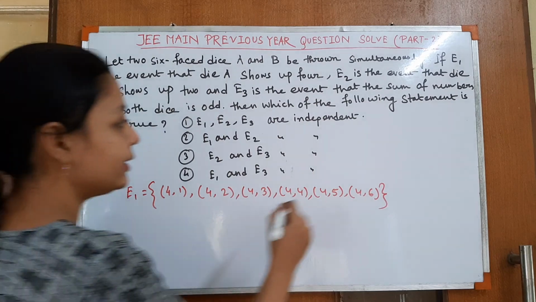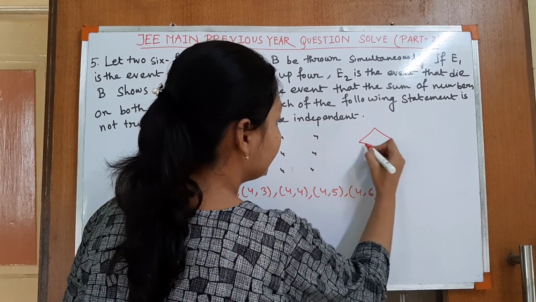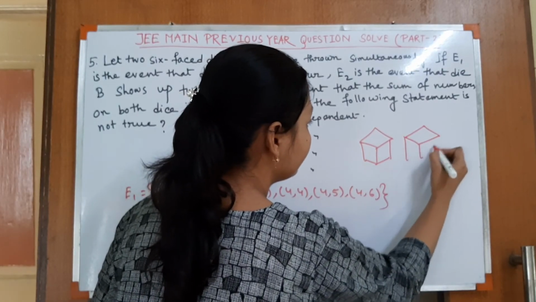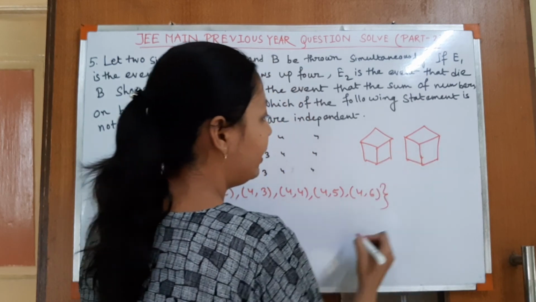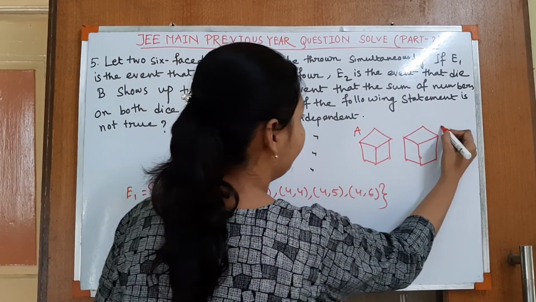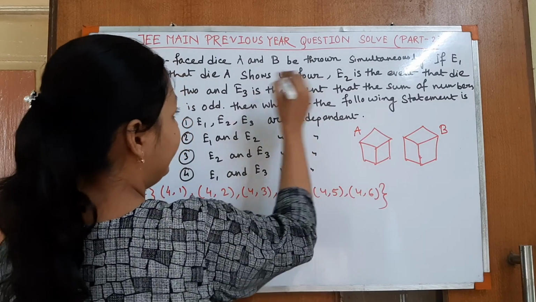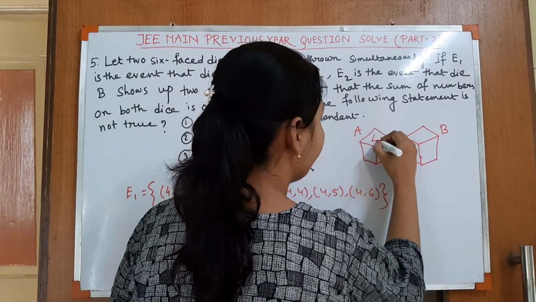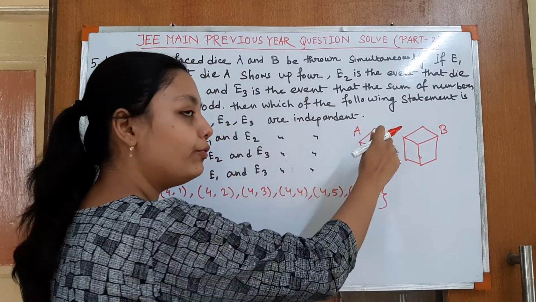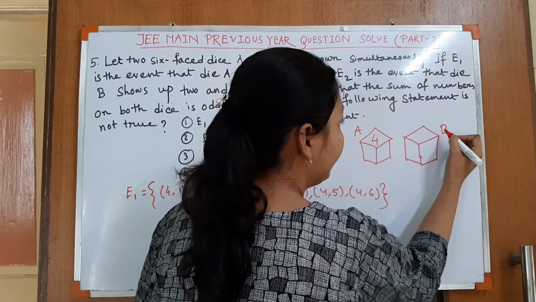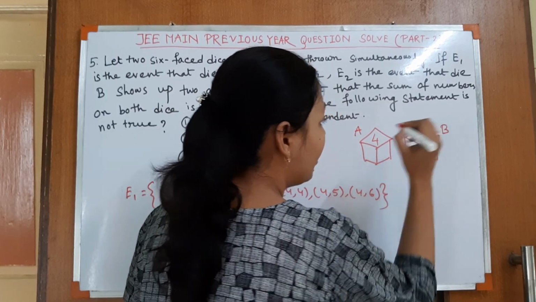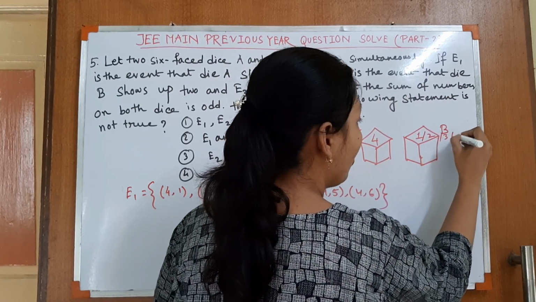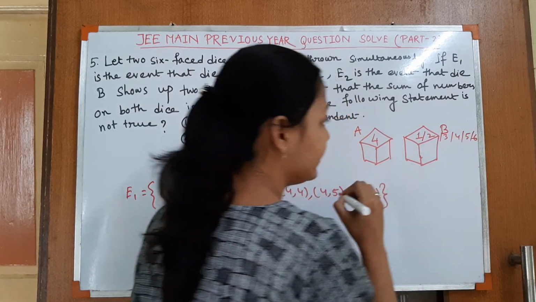Okay, that is, suppose that there are two dice A and B. Here the event says that die A always shows up 4. That is, here the number 4 is fixed, but here the die B may show 1 or 2 or 3 or 4 or 5 or 6.